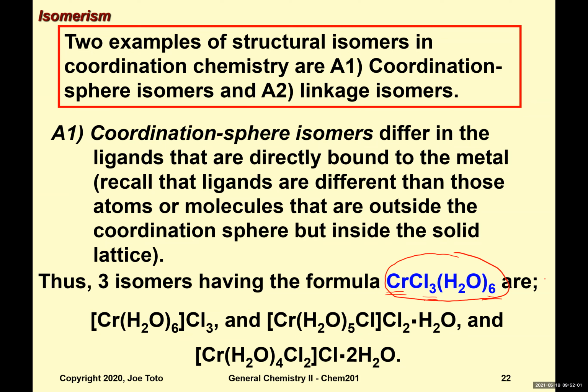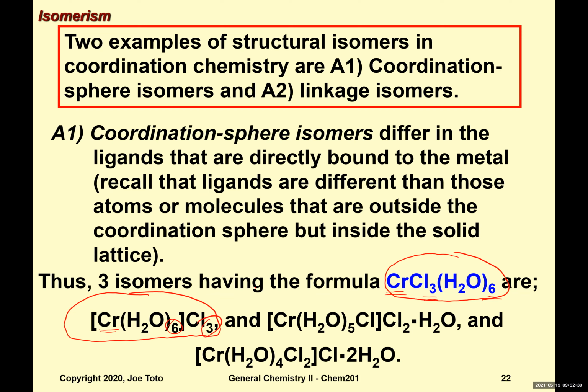But we know that when we form these crystals, we can get different formations of the coordinate covalent bond. For example, this first complex ion has 6 waters coordinated to the chromium in an octahedral complex. And then outside of that, in the salt, there are 3 chlorides.